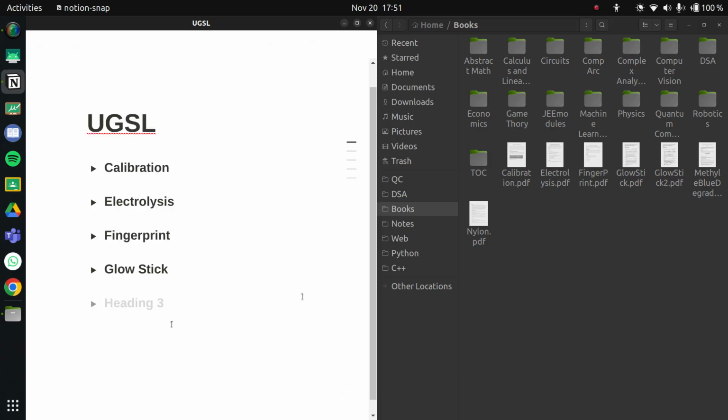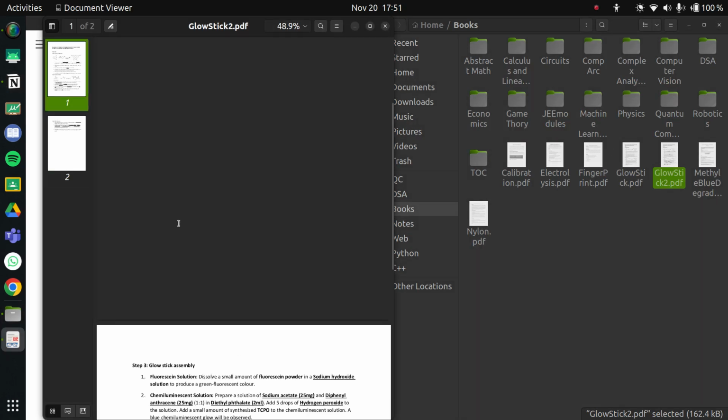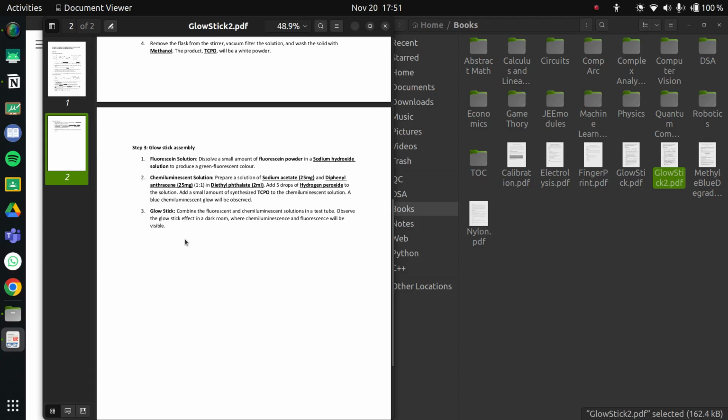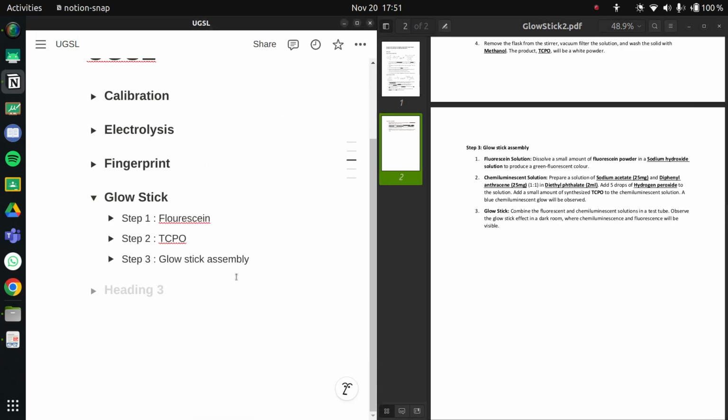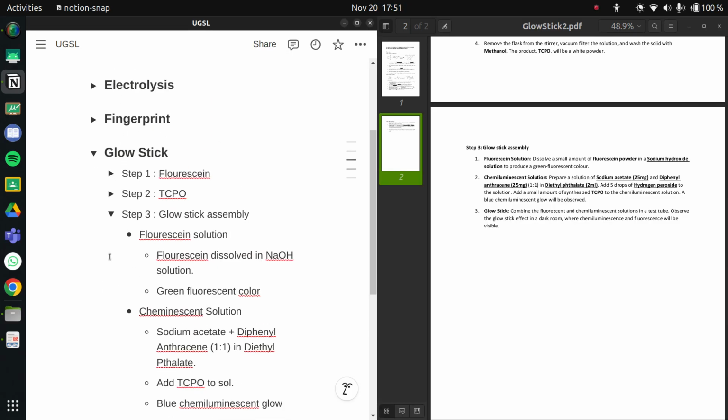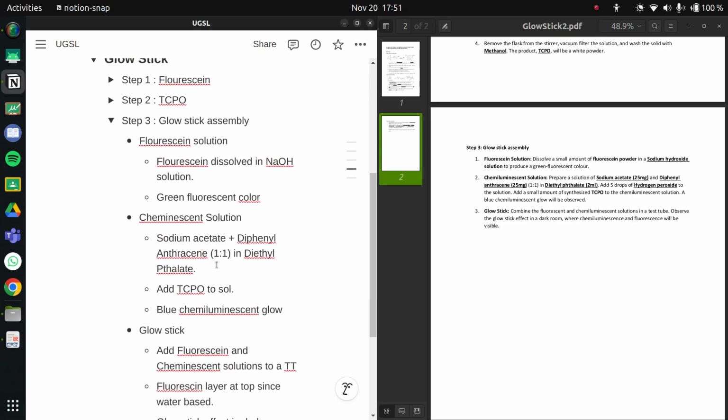Next we wanna go for, oh, so this is actually just another one, right? Yes, it's the same thing. So there's nothing different about it. Oh, okay, so they have added the, right. So sodium acetate, how much do you want to put? Sodium acetate, 25 mg. This is also 25 mg.